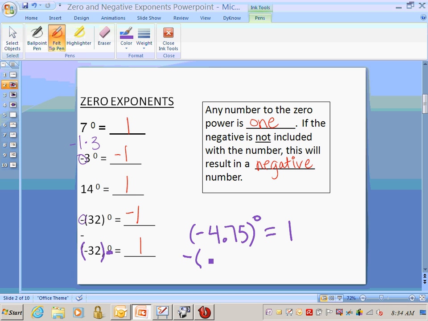But if it's negative 4.75 to the 0 power, without the parentheses, that's going to be negative 1. So if it's just like 5 to the 0 power, anything to the 0 power is 1. But see, you just have to decide, is the negative included or is it not included? Okay?